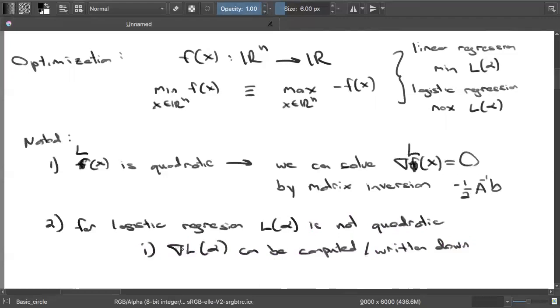You can't do substitution. We can't solve grad L of alpha equals 0. This should be alpha. I'm mixing my f of x's and my L of alphas. Okay, so that's the state of affairs right now.